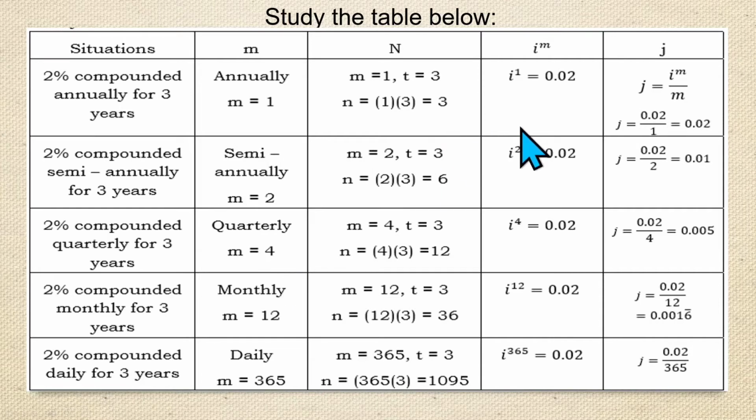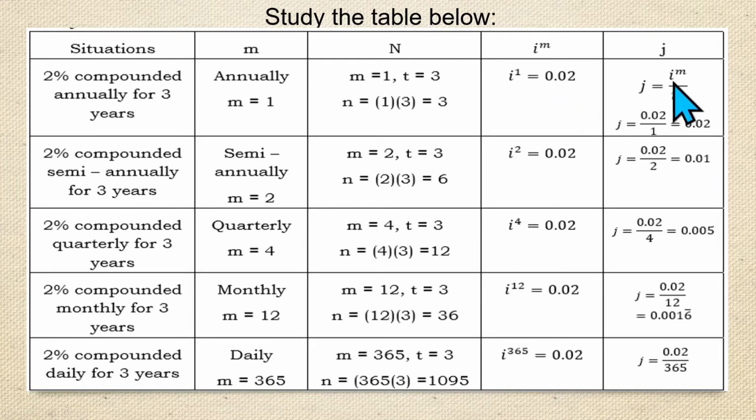Okay? And then the i(m) is equal to 0.02, which is 2%. And then to find the j, we're going to divide i(m) by m.